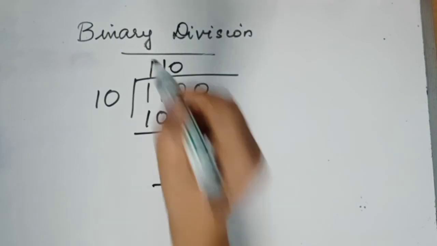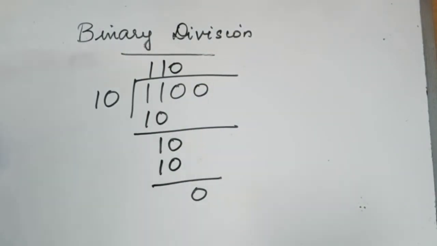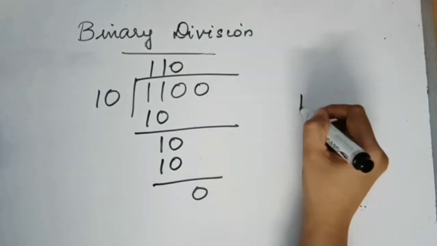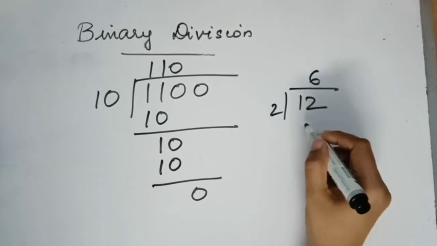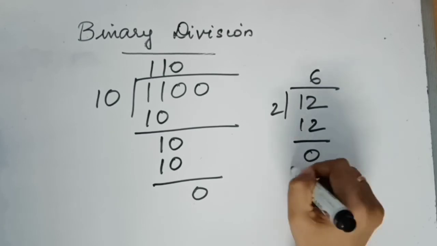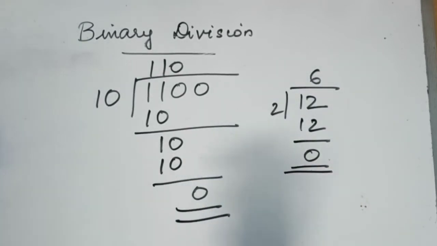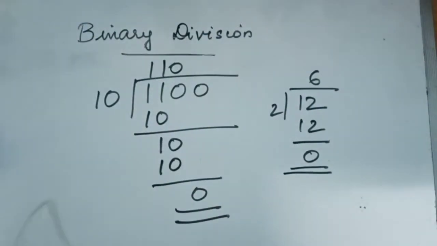So we'll have to write that 0 there. So this is 12 divided by 2, and the answer is 6, and remainder 0. So the answer is checked. So that is binary division.